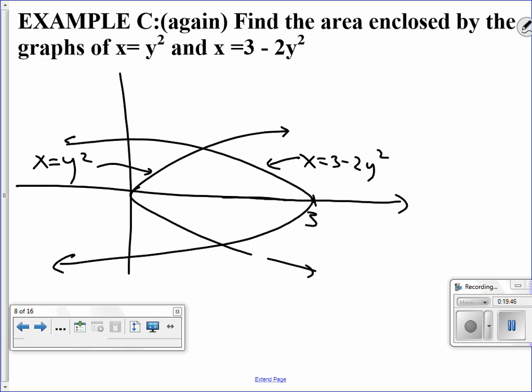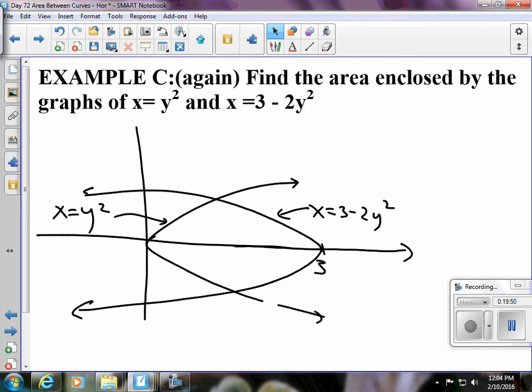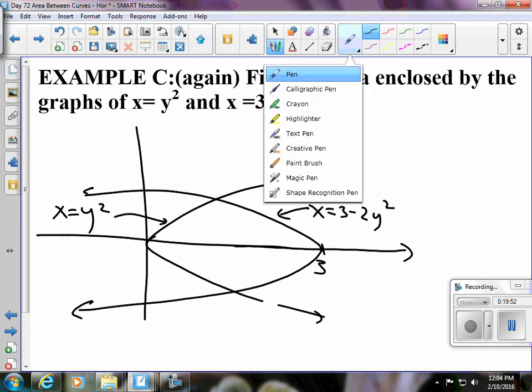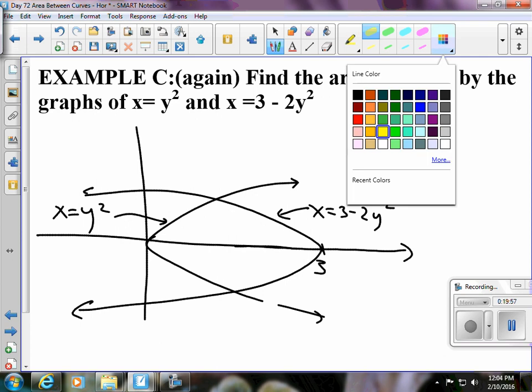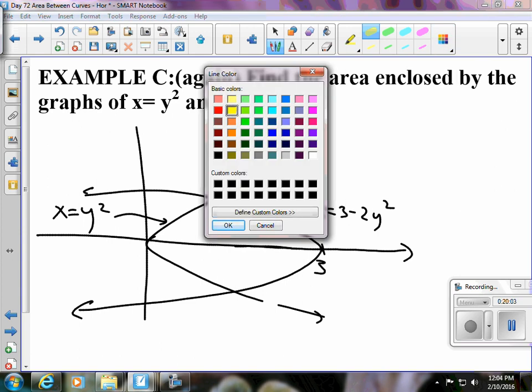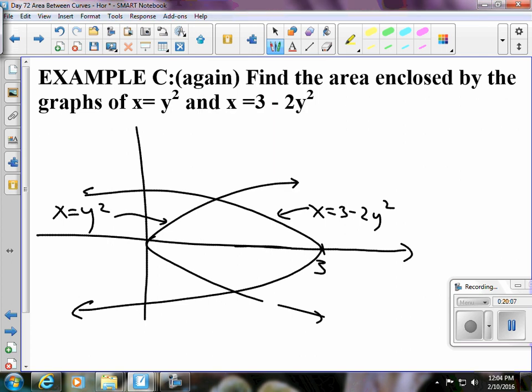We're going to find the area of that region, but you know what I got to do first? I got to color time. Sydney? Mauve. Isn't that how she likes to pronounce it? That's pretty. Okay.